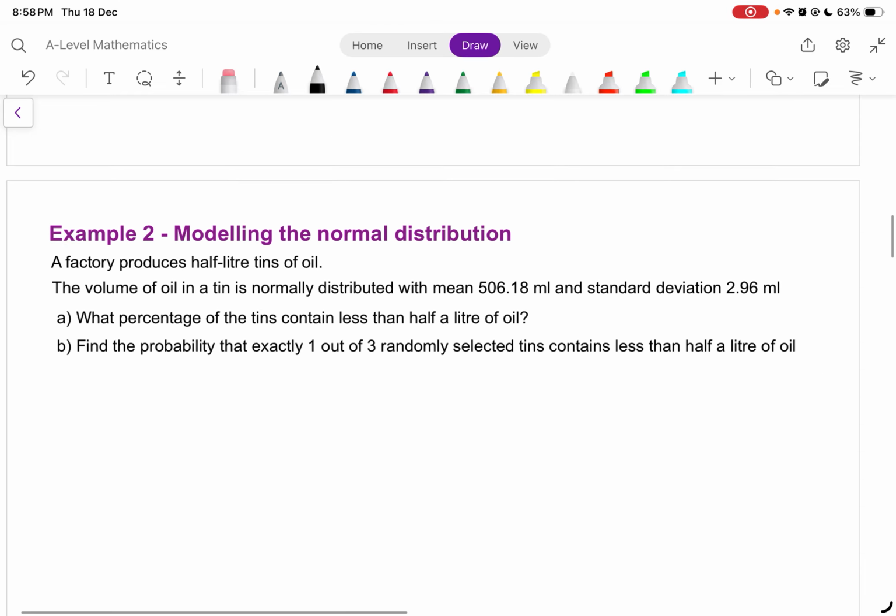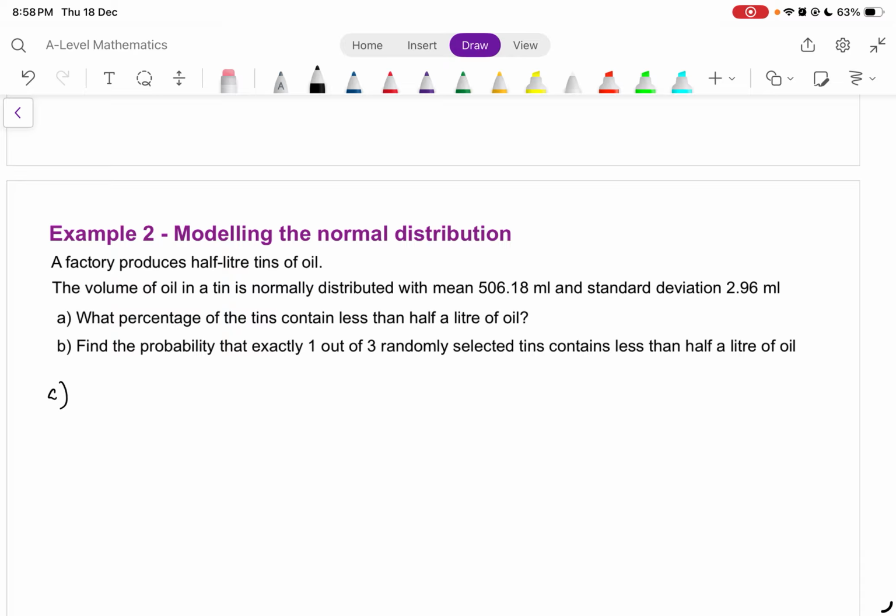Modeling a normal distribution, a factory produces half liter of the tin oil. The volume of the oil in a tin is normally distributed with a mean of 506.18 milliliters, not mil, and standard deviation 2.96. What is the percentage of the tin contains less than half of a liter oil?